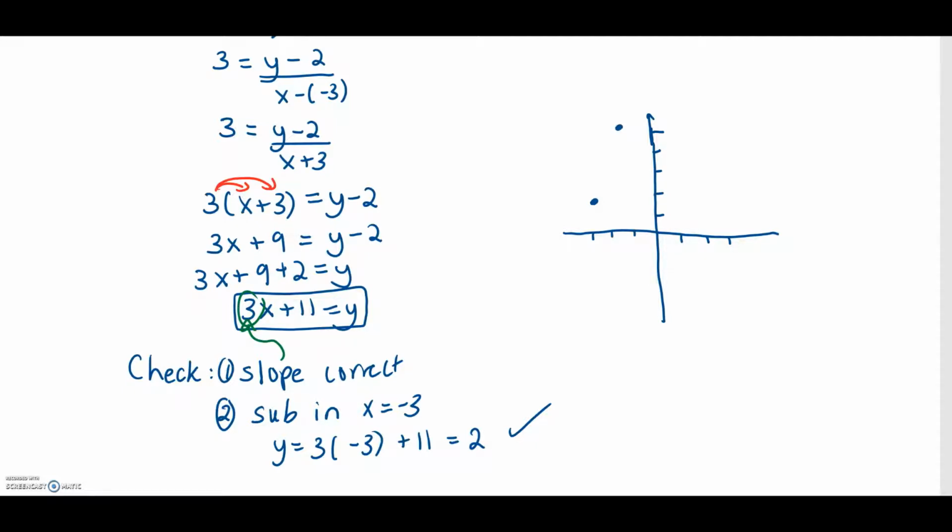We only need 2 points in order to graph this line, and it's going to end up crossing the y-axis at y equals 11. That's our b value for the y-intercept. This is just a rough sketch, but it gives us a good idea of what the line y equals 3x plus 11 would look like.